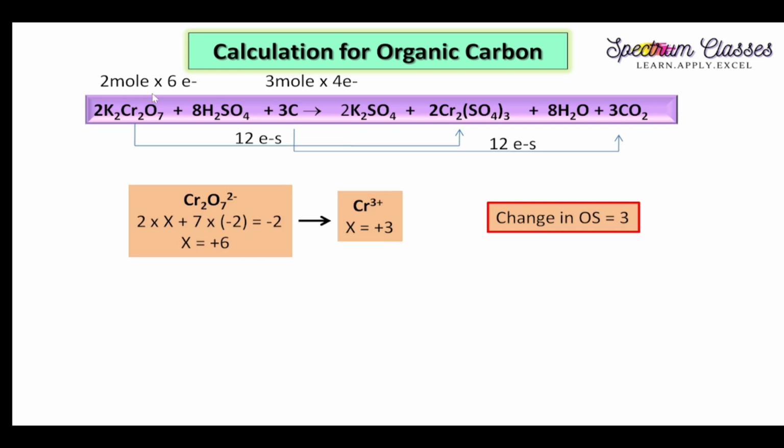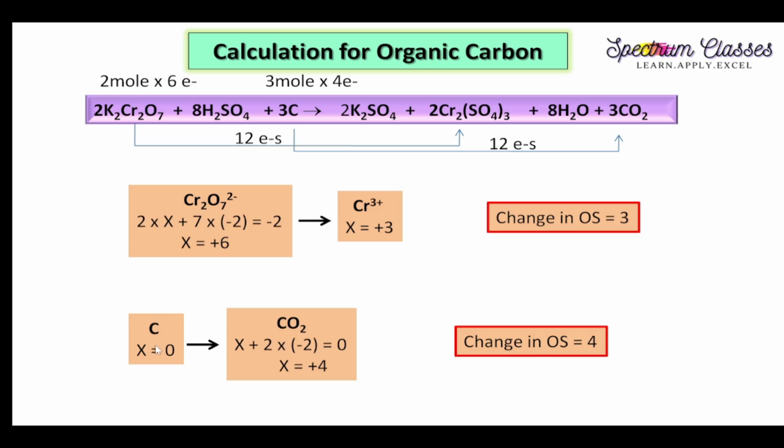But since in K2Cr2O7 we have 2 chromium, 6 electrons are there, and this 6 electrons multiplied by 2, we get 12 electrons. Similarly for carbon, it is in zero oxidation state, but on changing to CO2, its oxidation state changes to plus 4. So plus 4 into 3 moles of carbon, we get 12 electrons.